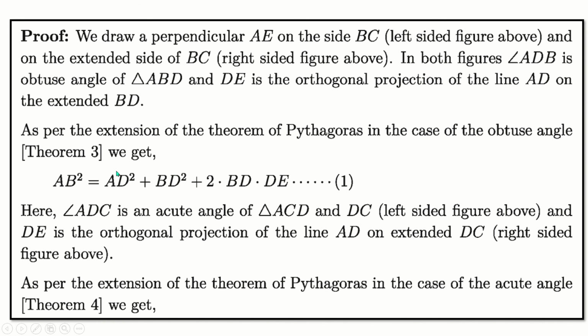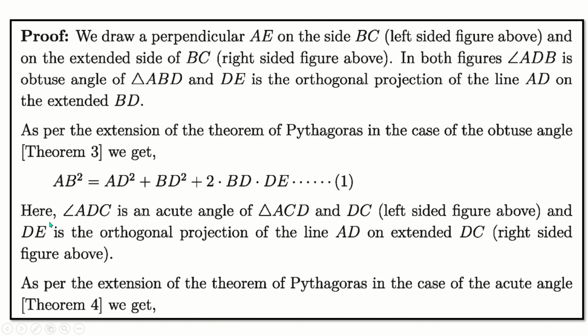Now here applying the Pythagoras extension theorem for obtuse angle, that is theorem number 3. We know AB square equals AD square plus BD square plus 2 into BD into DE. DE is the orthogonal projection of the side AD.